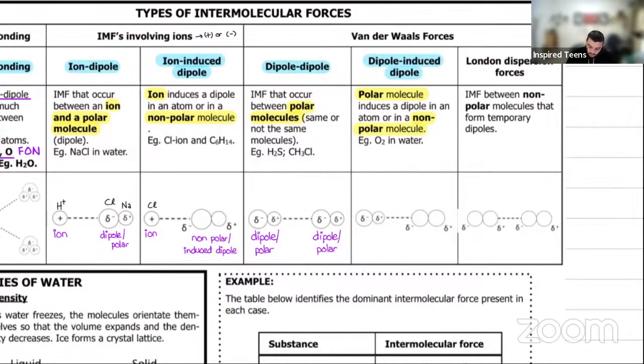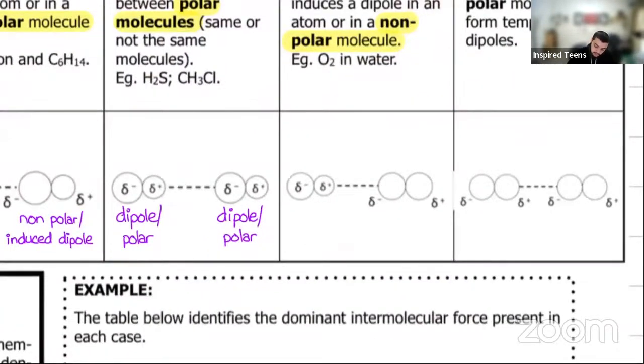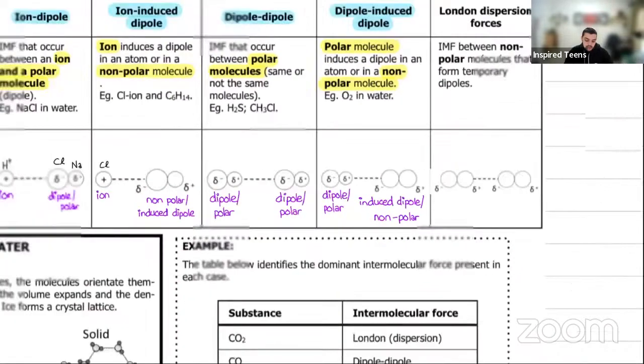We have our oxygen, which is our induced dipole, or non-polar molecule. And we have water, which is our dipole, or polar molecule. So here we have a dipole-induced dipole.